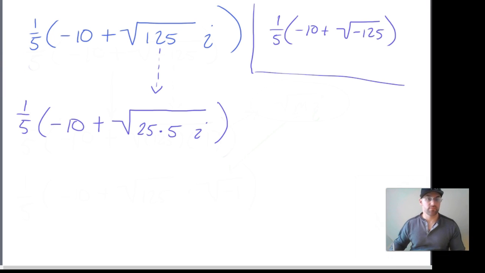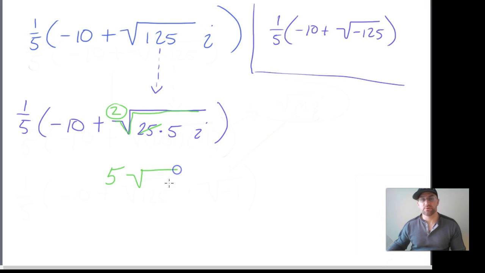Again, real quick, what's our index root here? When nothing's written, what do we assume? 2, right? It's a square root. Can we apply that square root to anything? We can. The 25, we talked about that. So that gets rid of the square root of 25 and converts it to a 5. Now that 5 still needs to be multiplied against this square root of 5i, doesn't it?